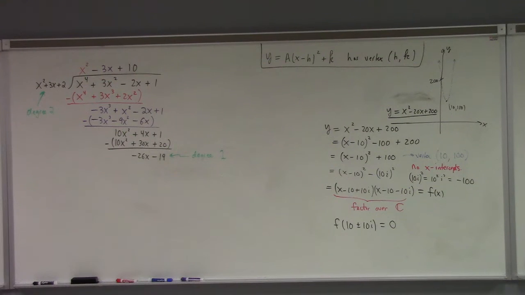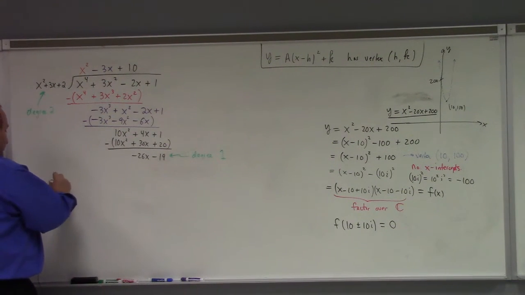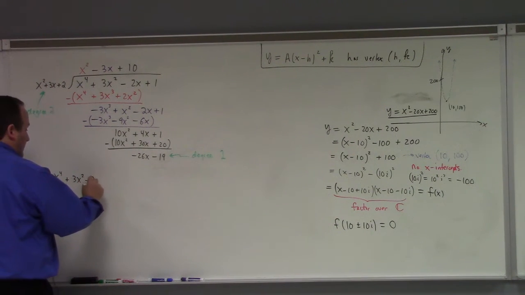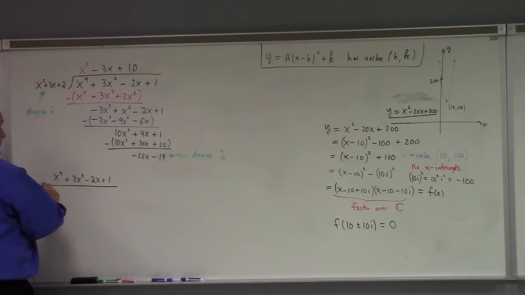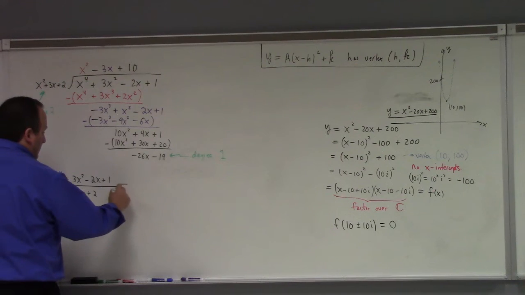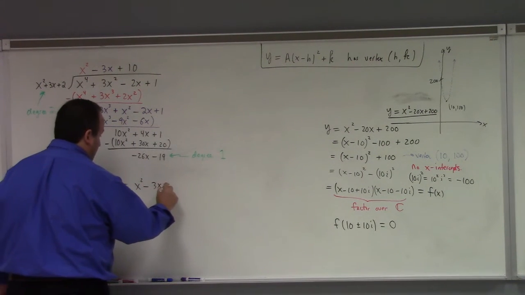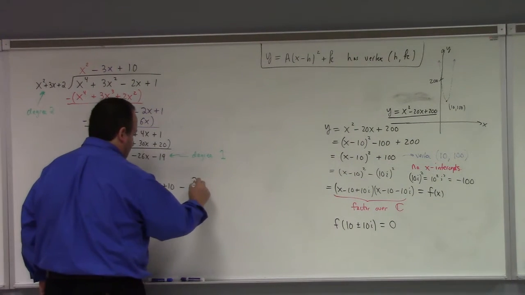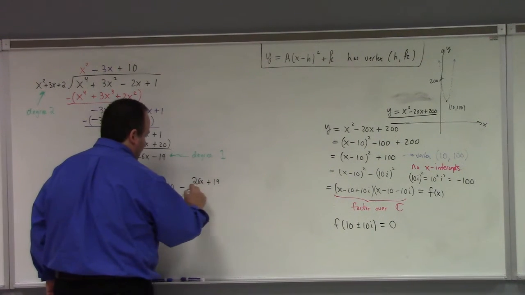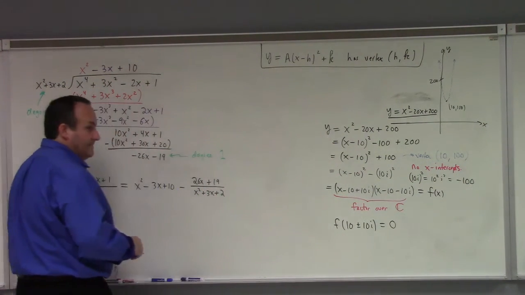All right, so what does all this mean? This means that x to the fourth plus 3x squared minus 2x plus 1 divided by x squared plus 3x plus 2 is equal to x squared minus 3x plus 10 minus (26x plus 19) over x squared plus 3x plus 2, right?